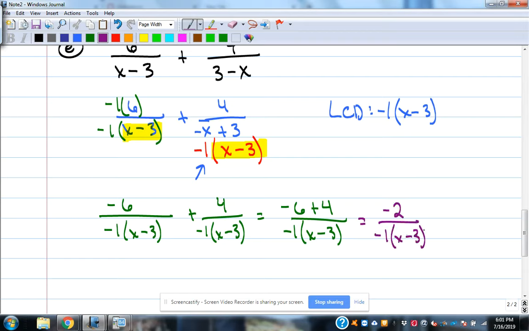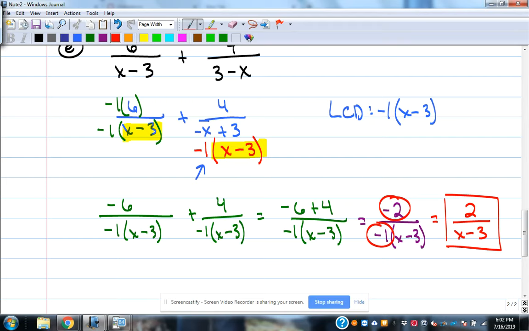And then I can simplify, because remember, we have to reduce fractions as far as they will go every single time. Negative 2 and negative 1 are both divisible by negative 1. They'll divide in evenly there. So negative 1 goes into negative 2 two times and leaves the x minus 3 on the bottom.